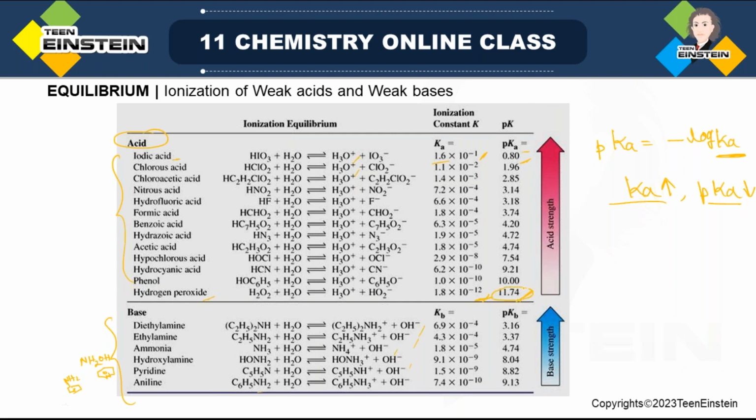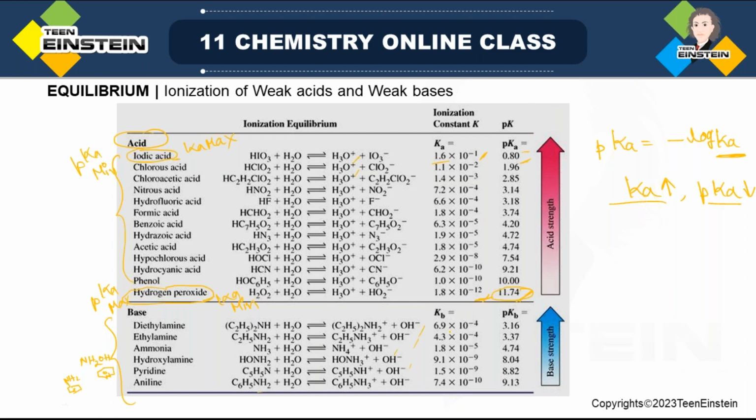When the pK value is very high, that means the corresponding acid is weak. I'm considering these two extremes. In this case Ka is max, here Ka is minimum, but in this case pKa is max, and here pKa is minimum.